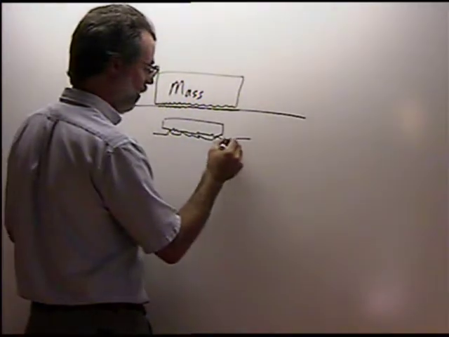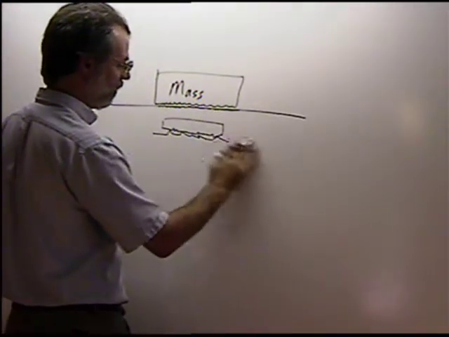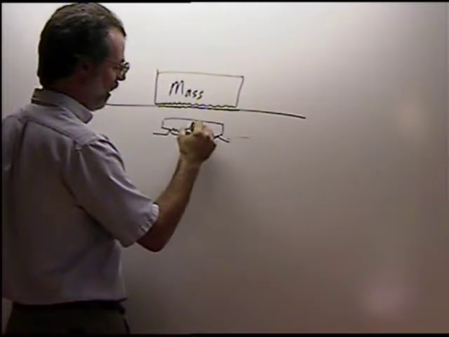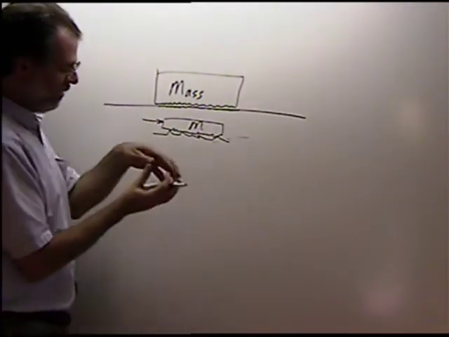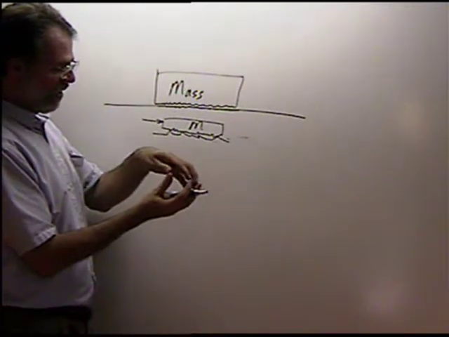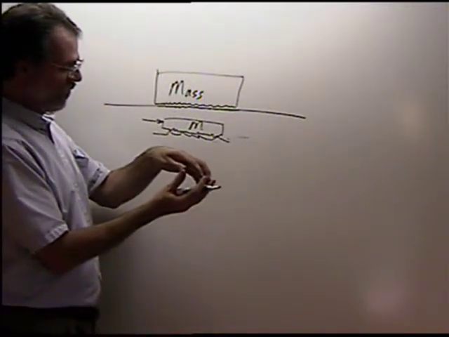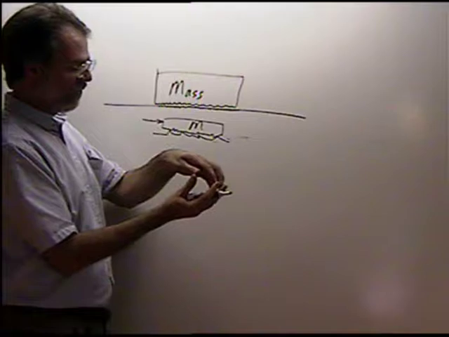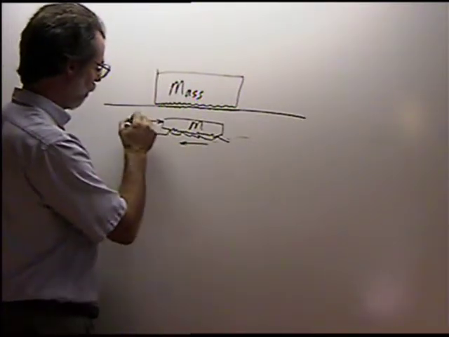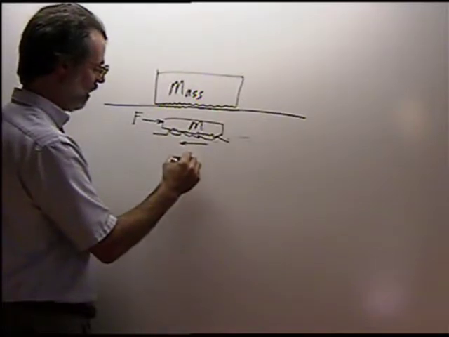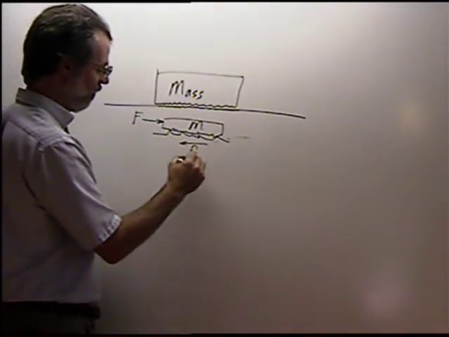So if you push this object to the right, the grabbing will tend to resist that motion. So we say there's a friction force back, the force of friction.